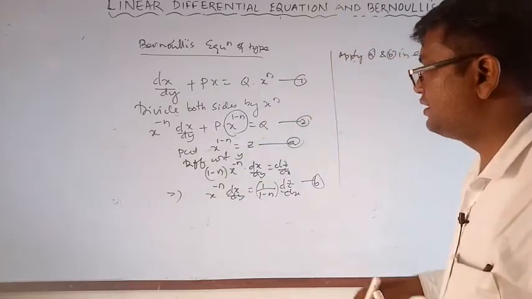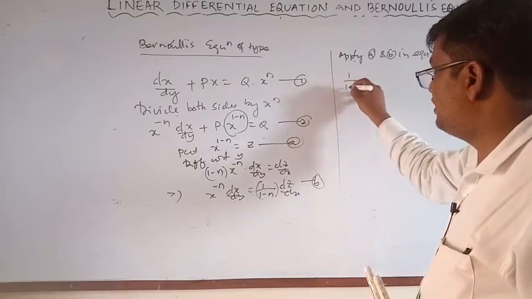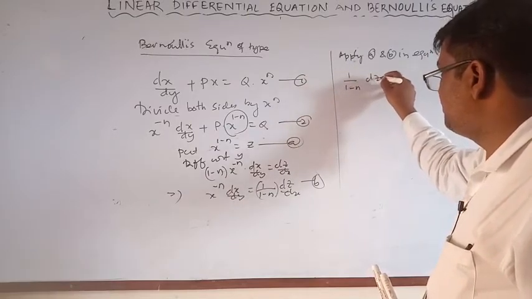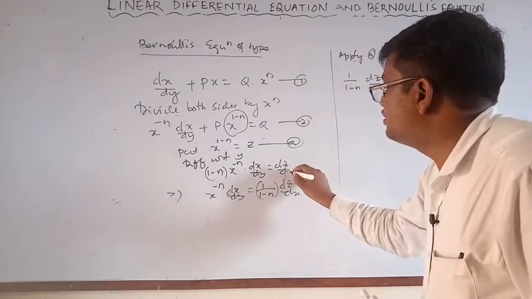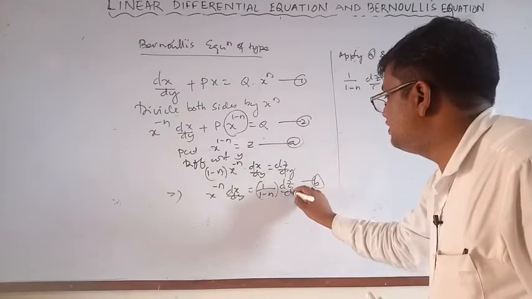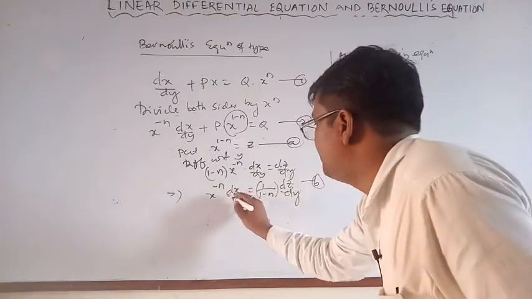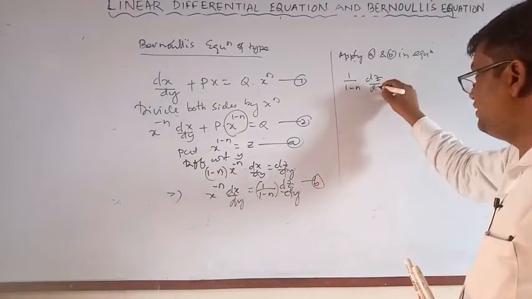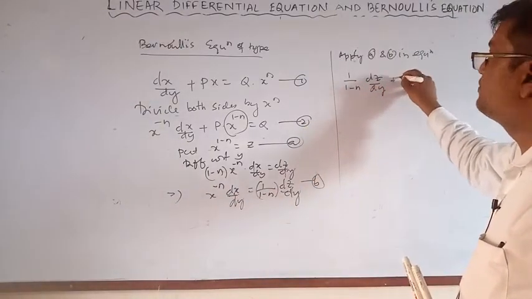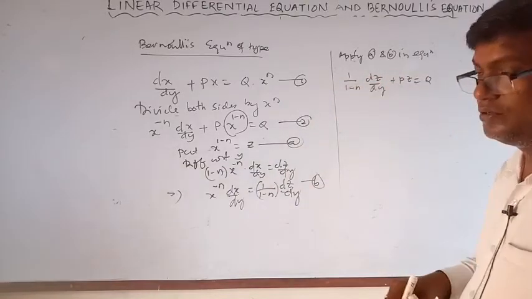So what happens here: 1 by 1 minus n into dz by dy, this is not dx here, this is dy, clear? So dz by dy plus p into z is equal to q.